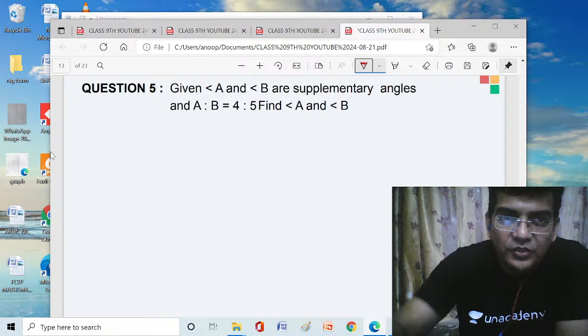So as A and B are supplementary angles, their sum must be 180. In supplementary, remember the sum is 180. So A plus B is equal to 180. So A was considered as 4k and B was considered as 5k.